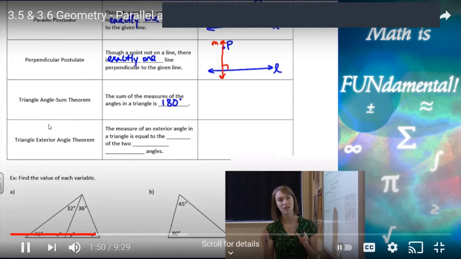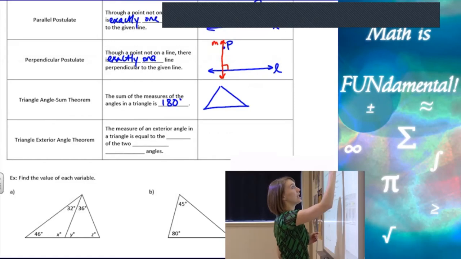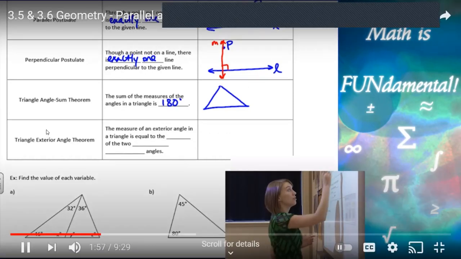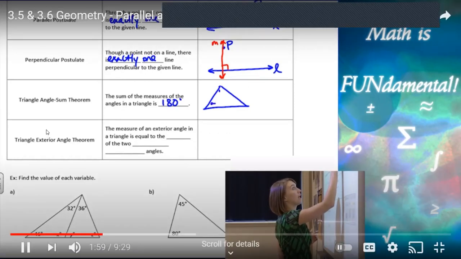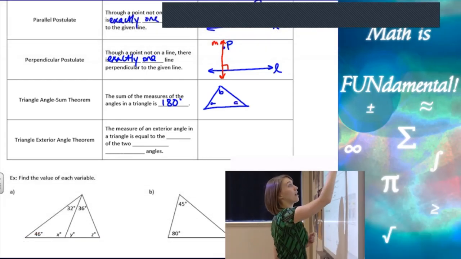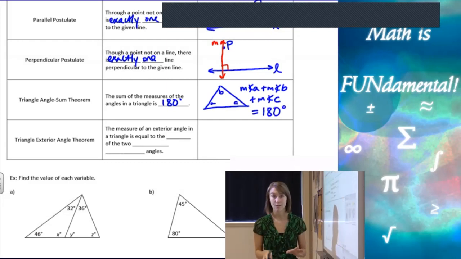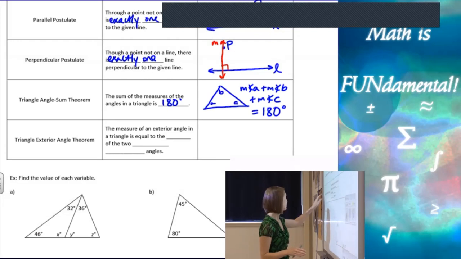If I have angles A, B, and C inside of a triangle, then the measure of angle A plus the measure of angle B plus the measure of angle C is going to equal 180 degrees no matter what. So we can use this triangle sum theorem to make equations when solving for variables.